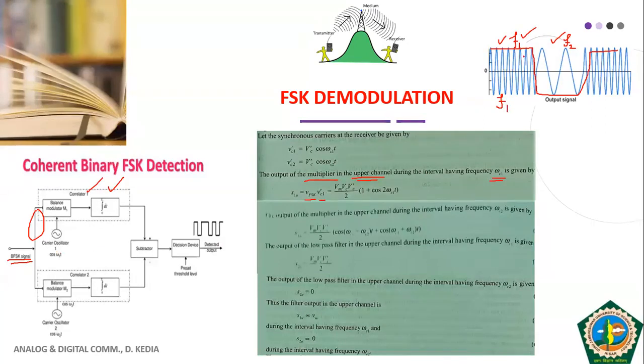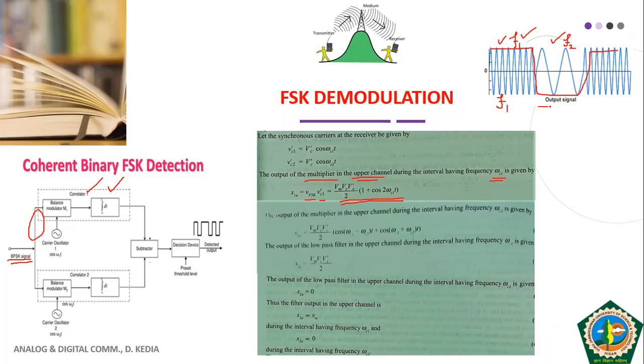Since these two frequencies are the same, I'll have cosine squared of omega. If you manipulate that trigonometrically, this is what you get, exactly in the same way as it was done in your ASK demodulation. So this is the output of the multiplier for the F1 frequency.